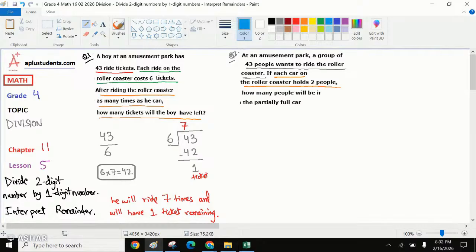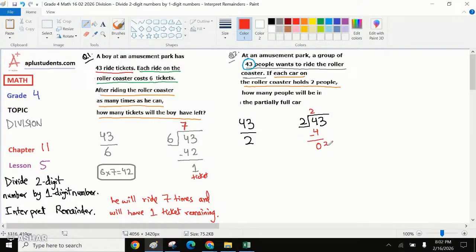there would be one person sitting alone then, because 43 is an odd number. So we can say 43 is to be divided by 2. 2 times 2 was 4. We subtract, 0 is left.